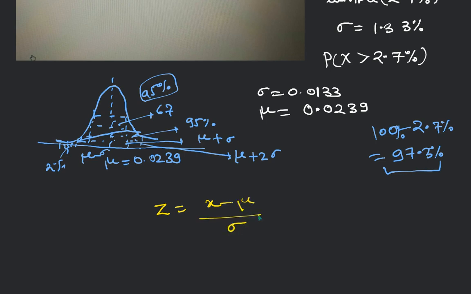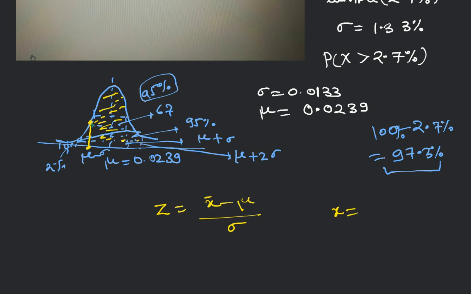Sigma is the standard deviation, and mu is the mean. So in that case, x is basically the height. If we just know this value, just give me a moment.